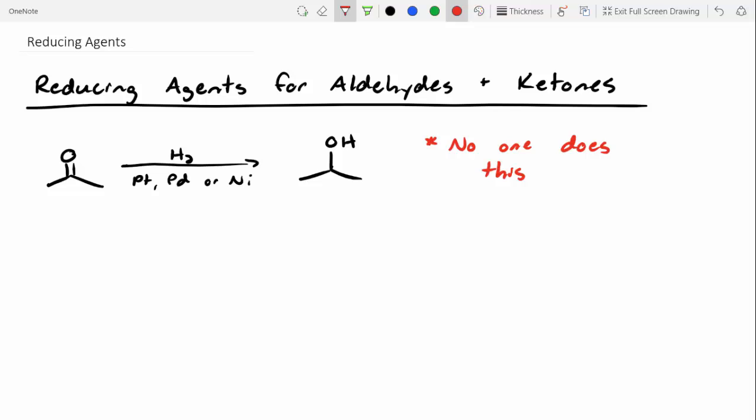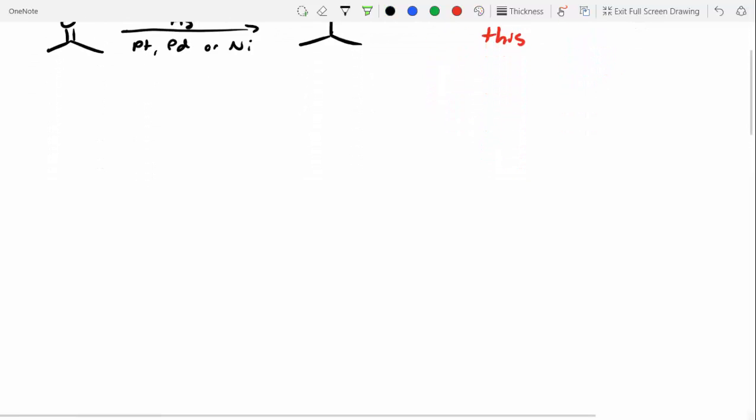It requires extreme pressures that are oftentimes very dangerous, and chemists prefer to avoid pressurized reactions at all costs because it's just a pain to set up and you don't like things exploding in your lab. So instead, I'm going to show you guys an alternate technique that doesn't involve high pressure systems. And specifically, we're going to use the same ketone.